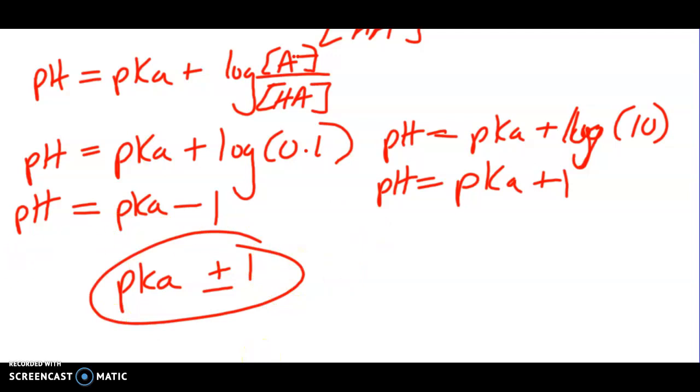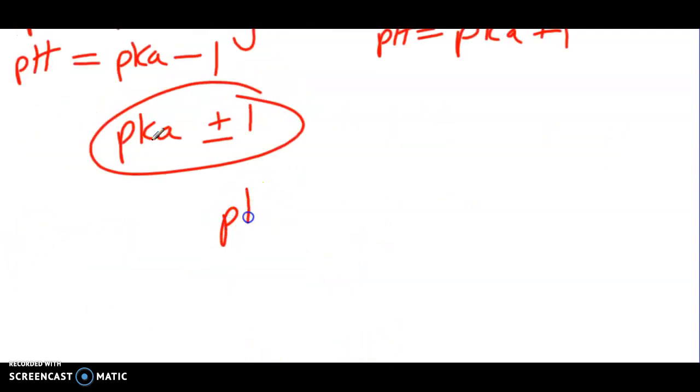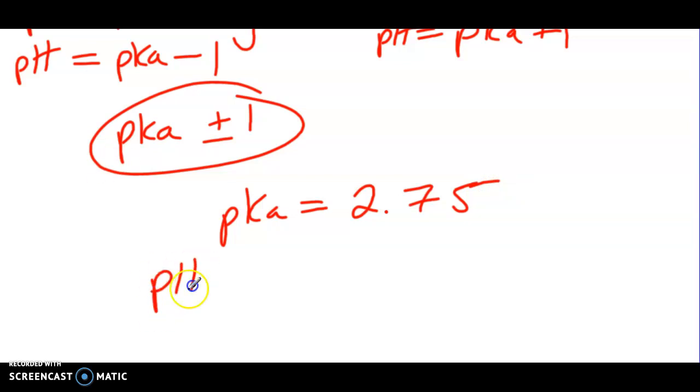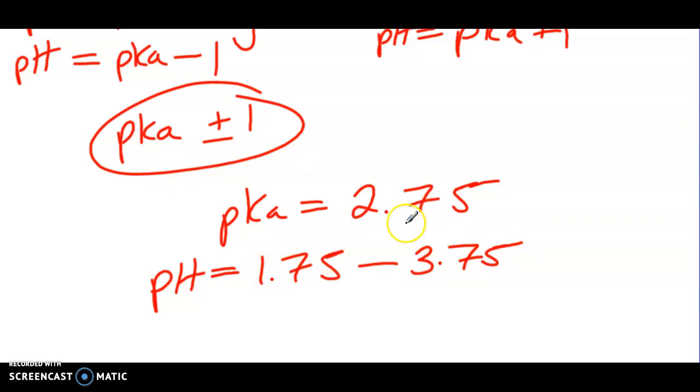Let's say the pKa of a weak acid was 2.75. That means the resistance range of that weak acid would be between a pH of 1.75 to 3.75, so plus and minus 1 from the pKa number.